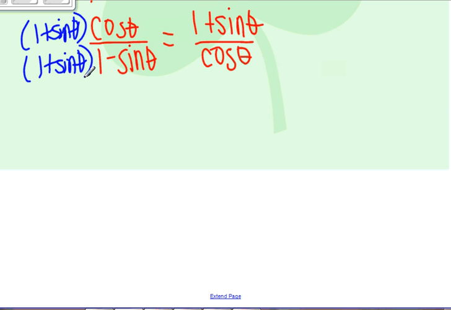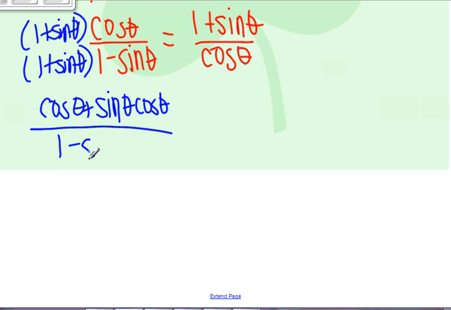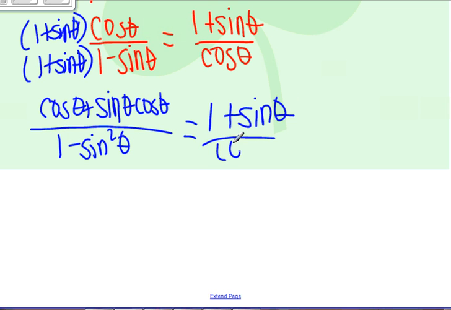So I'm going to get cosine theta plus sine theta cosine theta. And then in the bottom, I'm going to get 1 minus sine squared theta. Okay, it still equals that 1 plus sine theta over cosine theta.